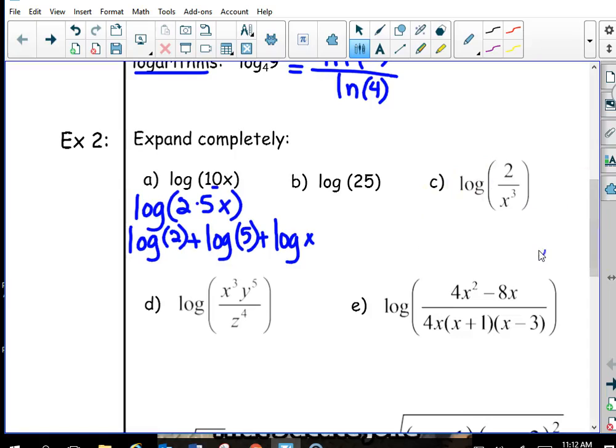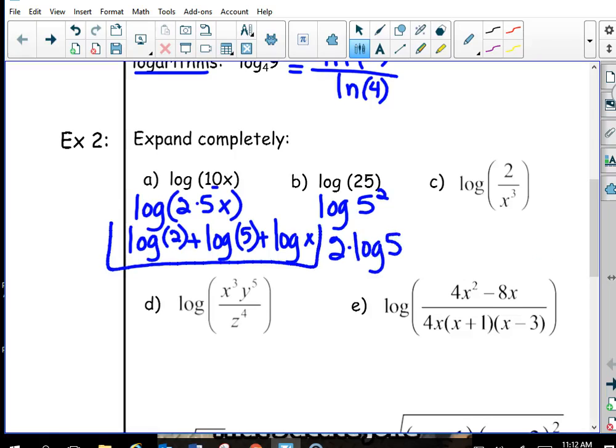I found this kind of problem, part B, confusing until I figured out what they wanted us to do. They want us to write that as an exponent, log of 5 squared. And then we're going to move that exponent to a multiplier, 2 times log of 5. And I should probably identify my answers here.